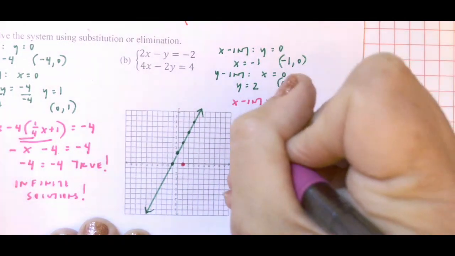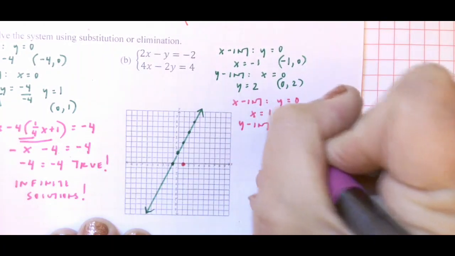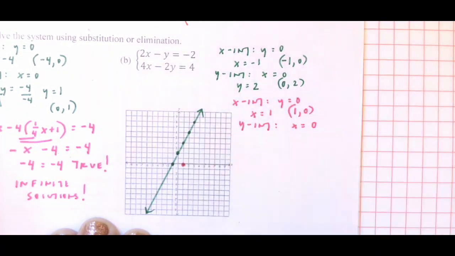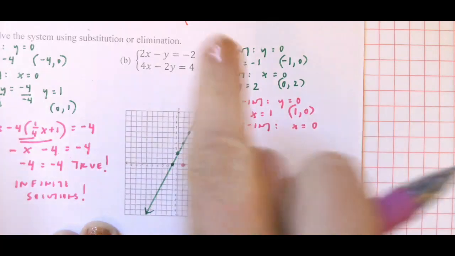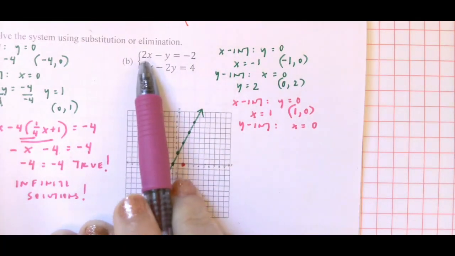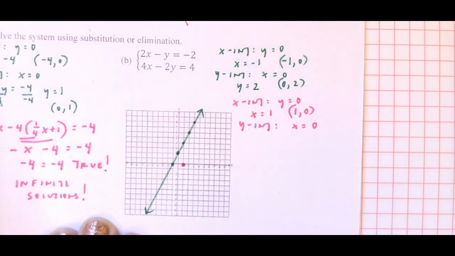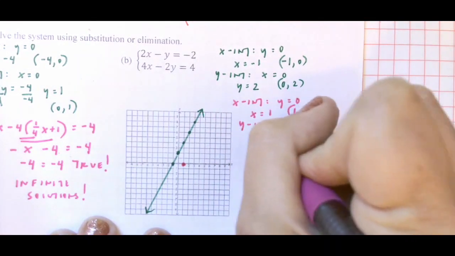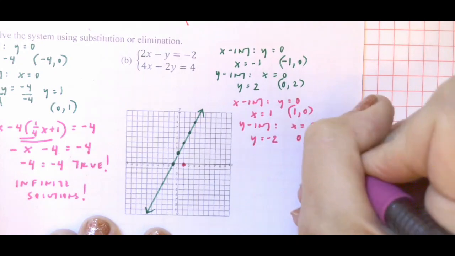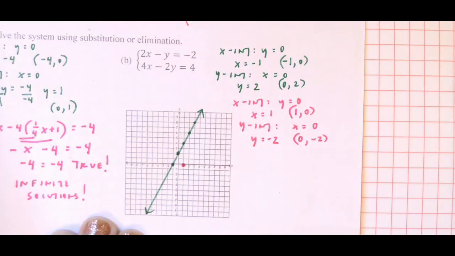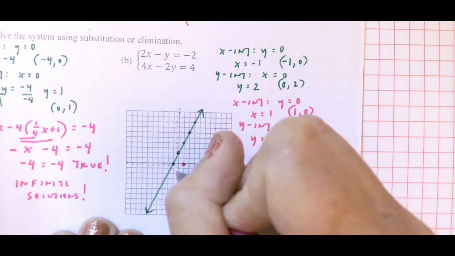Okay, my y-intercept, x equals 0. So here if I plug in 0 for x, solve for y, and I'm dividing by negative 2, I get that y is negative 2. So as a point, that's 0, negative 2 for the y-intercept. So right there.